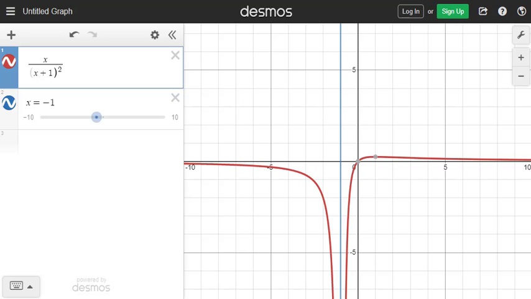You can see it's still a vertical asymptote, but what changed is that instead of turning up on one side and down on the other, it's turning down on both sides. So actually the limit from the left and the limit from the right both equal negative infinity, and that makes that our answer for this question. So the answer to this question is negative infinity.